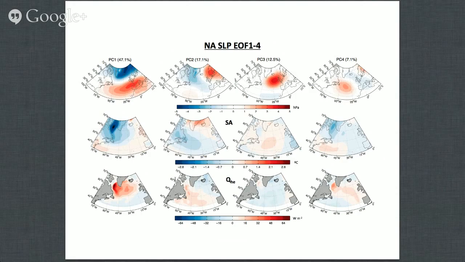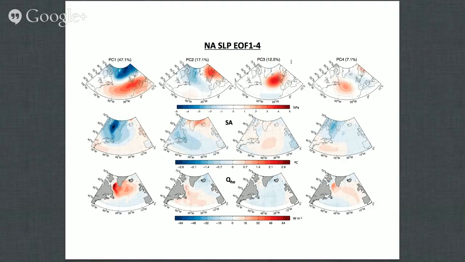So I looked at the first four EOFs, to see whether this anomaly can be explained by this widely used EOF analysis. The first pattern is the NAO, and the second is the Scandinavian pattern, centered over Scandinavia and over Greenland or west of Greenland.